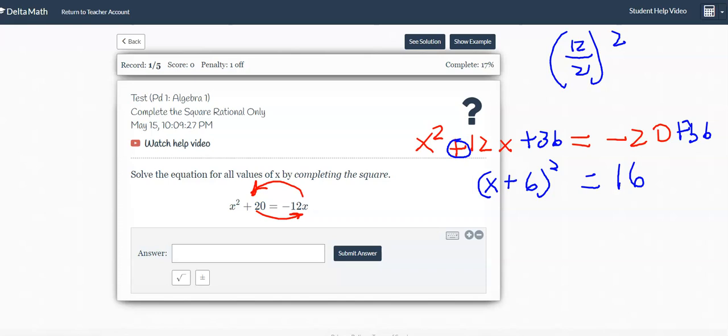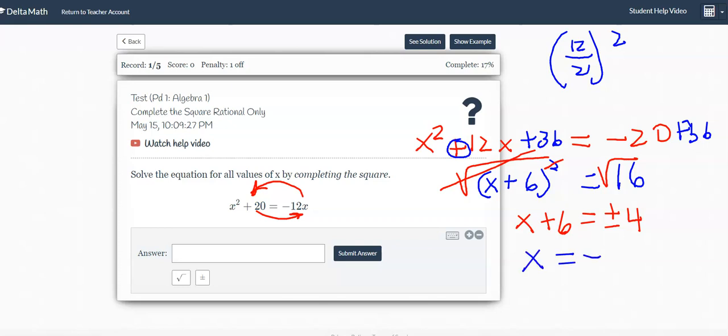All right, now for my solution. Square root both sides. And don't forget to write your plus or minus sign for your square root answer. All right, now I'm going to subtract 6 from both sides, and it would look like this. Negative 6 plus or minus 4. So here are my 2 answers. Negative 6 plus 4, which is negative 2.